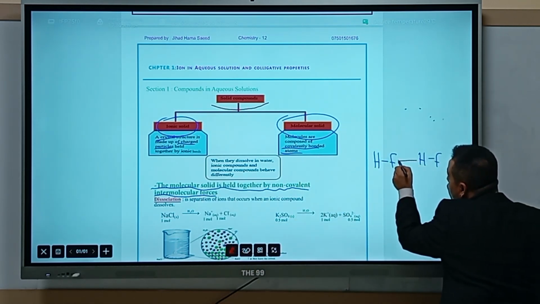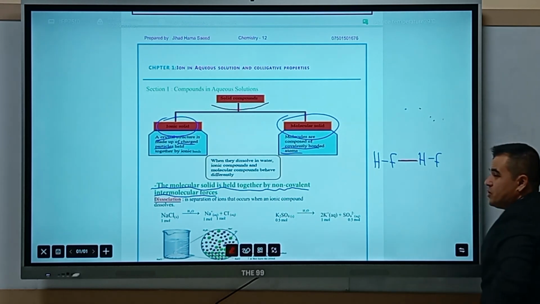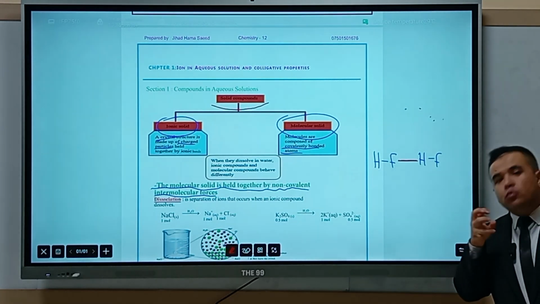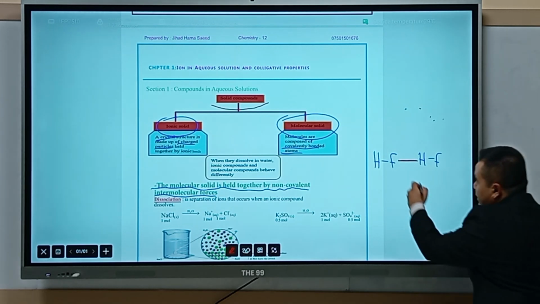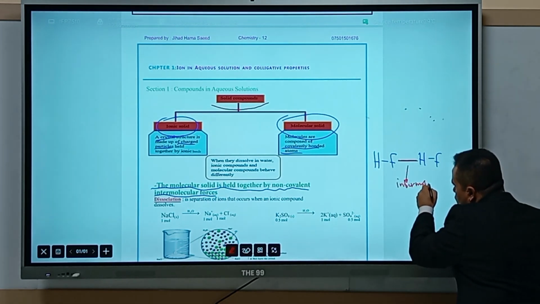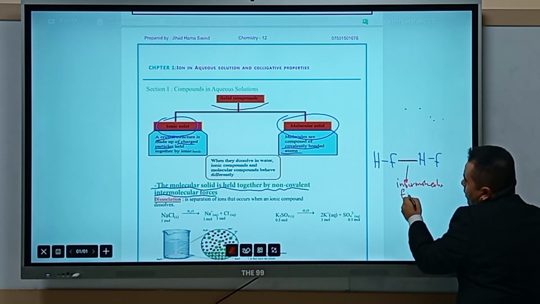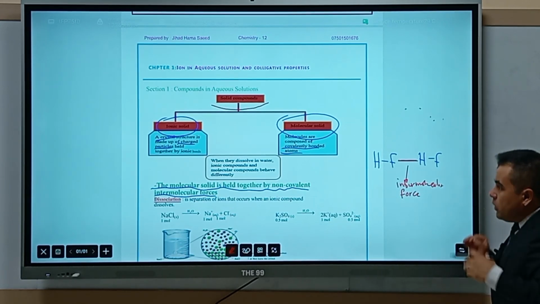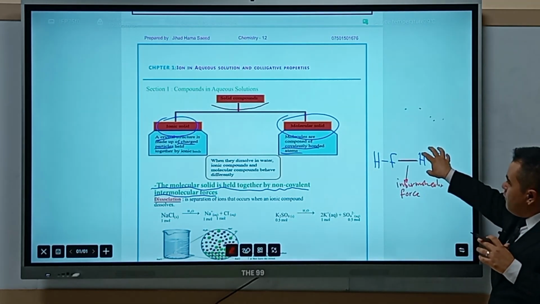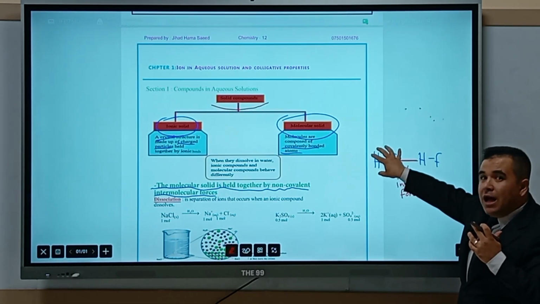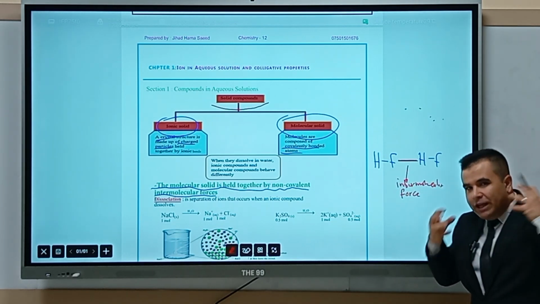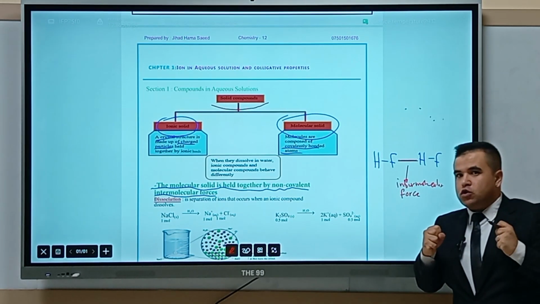In between the two molecules we have attractions. By intermolecular we mean between two molecules. The molecule of HF is attracted to the other molecule by a force we call intermolecular. Inter means in between molecules.